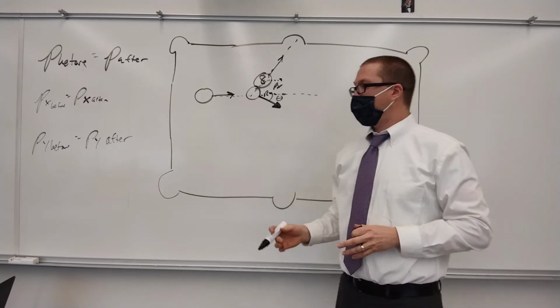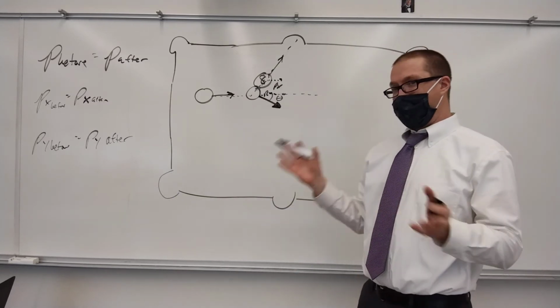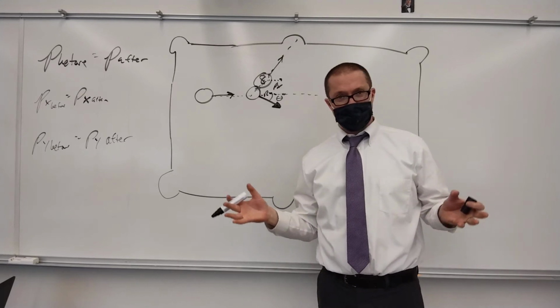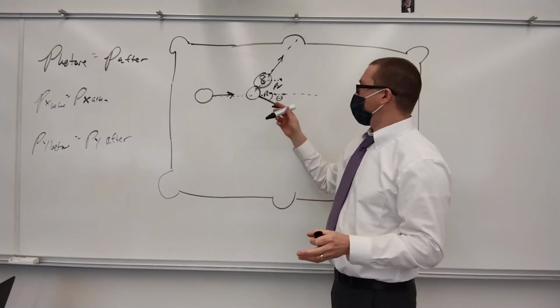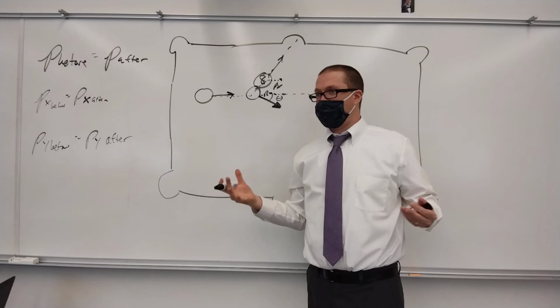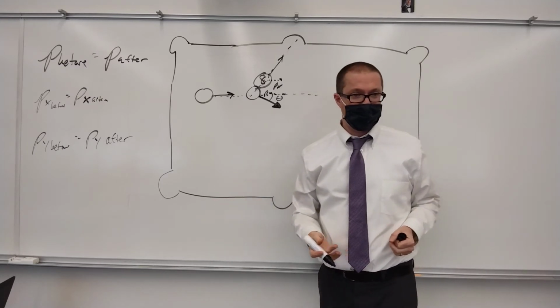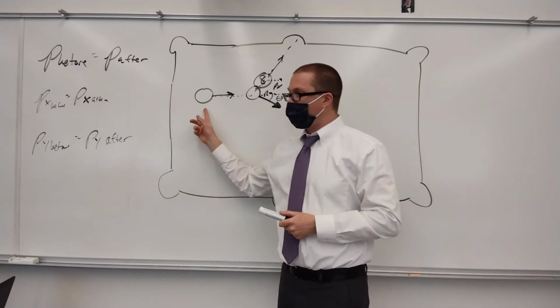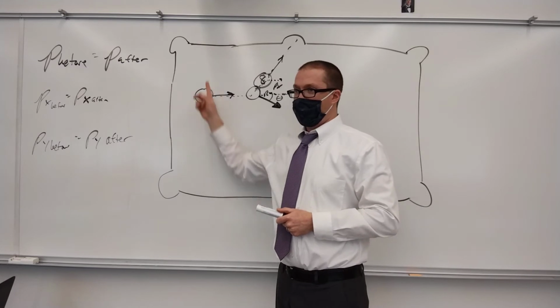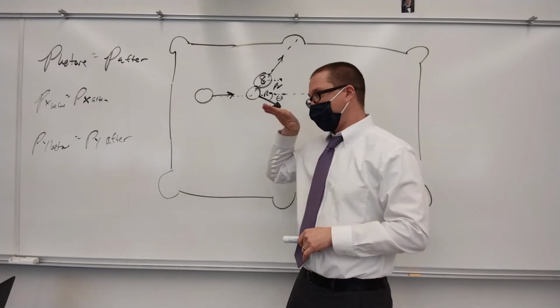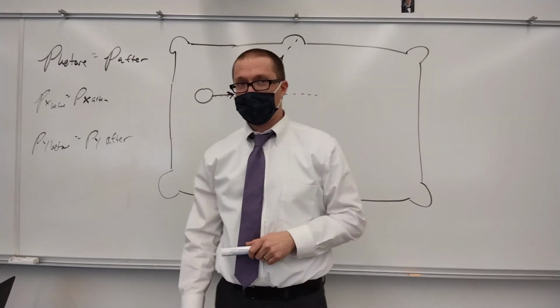Now, the y momentum here, as is often the case, has to be 0 in total, right? Because our initial cue ball has no momentum relative to the y-axis. It's just moving in a straight line.